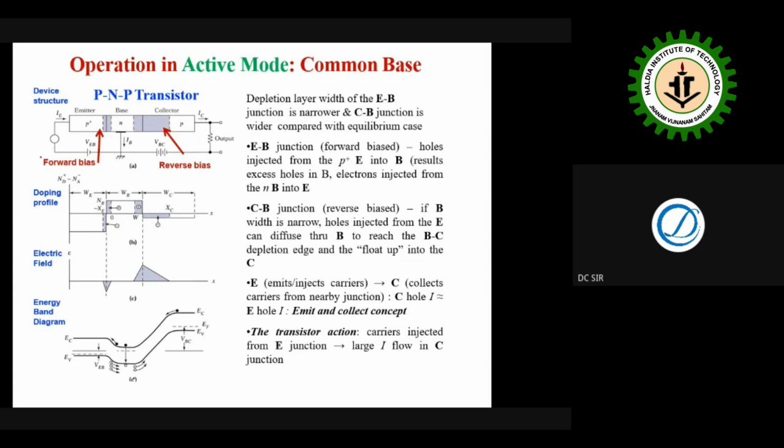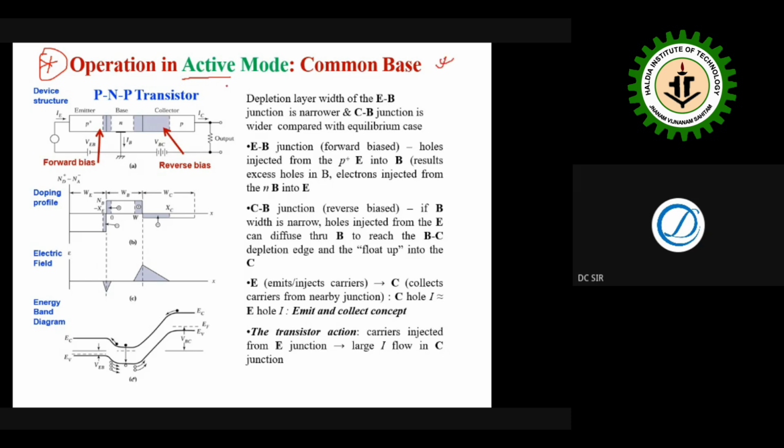There are different modes in the case of BJT. One of the modes is active mode. There is a saturation mode and a cutoff mode. First we see the operation in active mode in common base configuration.